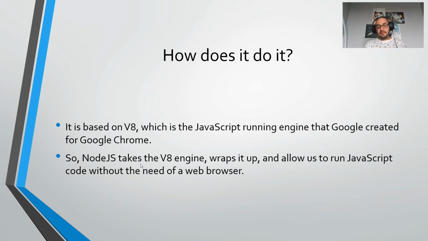Because in Google they do a lot of things open source, the Node.js initiative took the V8 engine that Google has developed for Google Chrome, and they wrapped it up, and they use that to run JavaScript in any computer without the need of a web browser. So that's exactly what Node.js does. Node.js takes the V8 engine from Google and says, okay, now I can have any sort of JavaScript code and I can run it without the need of a web browser. So that allows us to bring that code into the backend, and now we can have JavaScript all across the board.